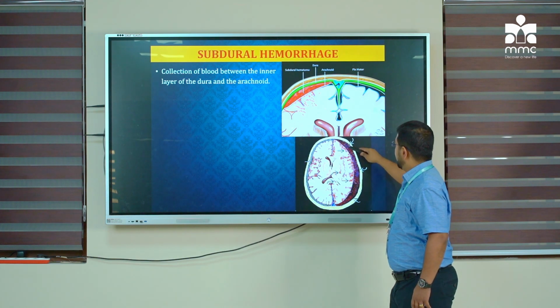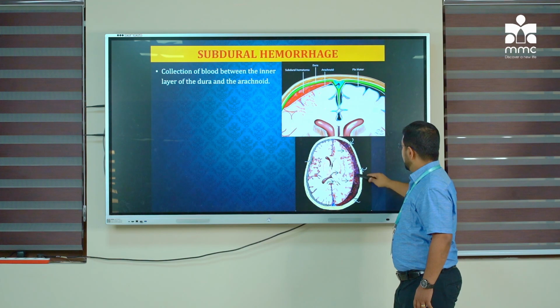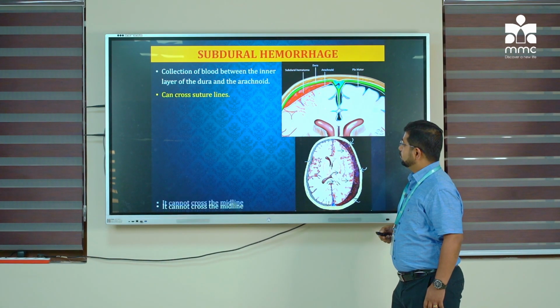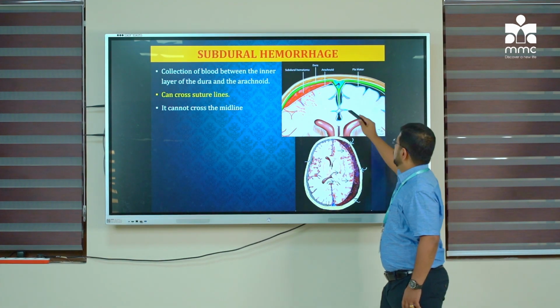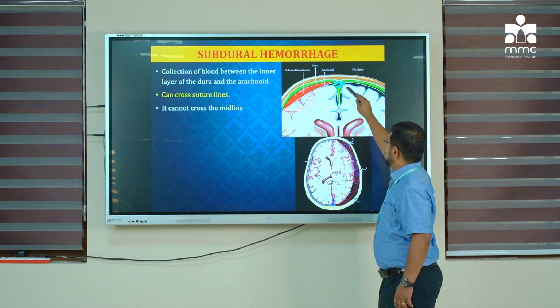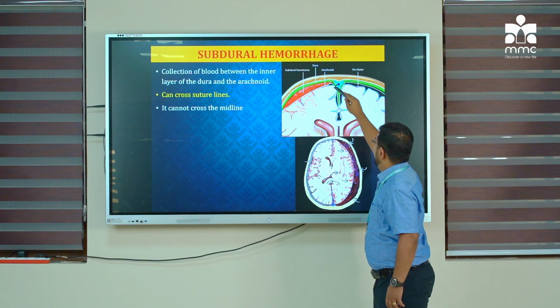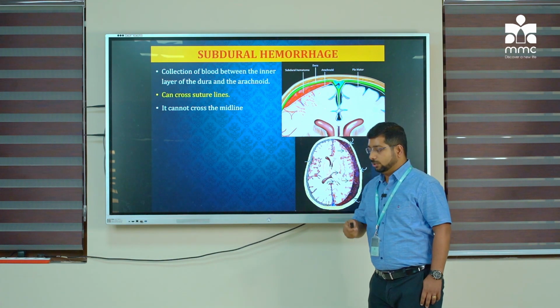Under it is the arachnoid mater, which is a smooth continuous layer, so the whole hemorrhage can be continuous. So it can cross the suture line, but it does not usually cross the midline. As you can see, the arachnoid membrane folds inside along the falx. If it is there on both sides, usually the falx also will have subdural hemorrhage in relation to it.